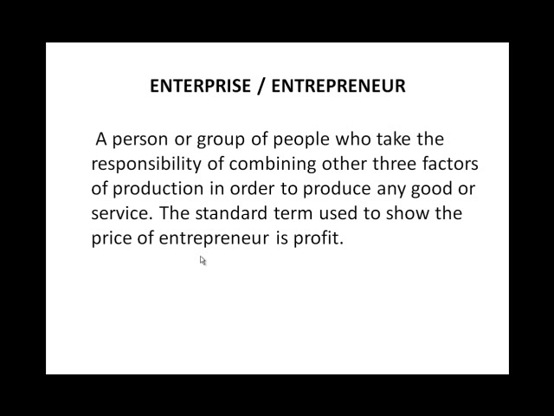Whereas the entrepreneur is taking risk. He may earn profit or loss. We have learned there are four factors of production: land, labor, capital, and enterprise. With the help of these four factors, goods are produced, which are ultimately used to satisfy desires.